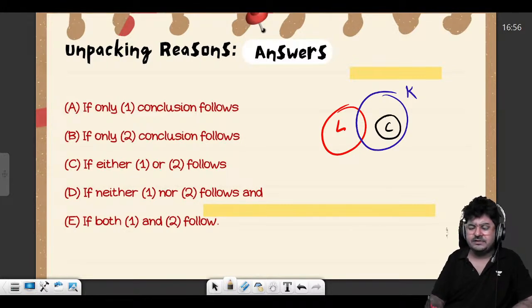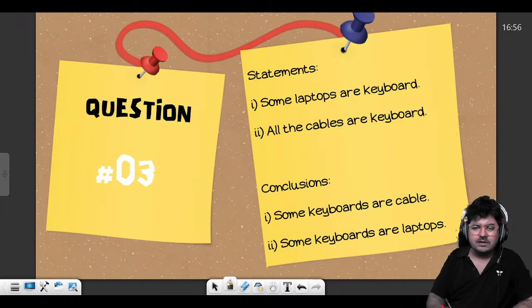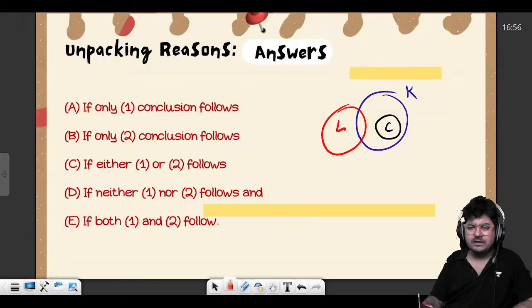Let's say this is for cables. Now, some keyboards are cables, correct? Some keyboards are laptops. That is also correct. What a joke, these are children's questions.